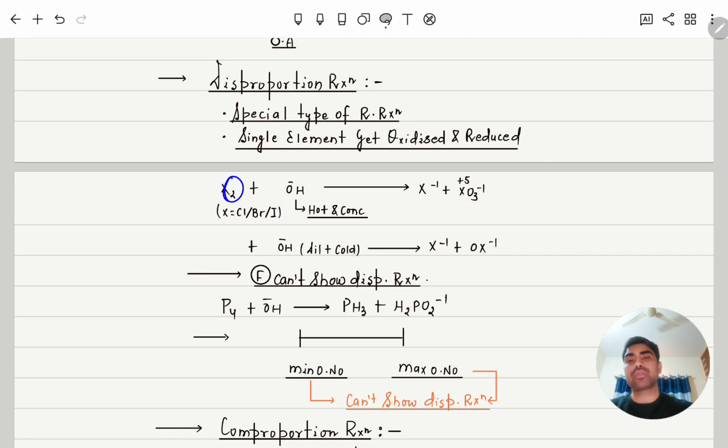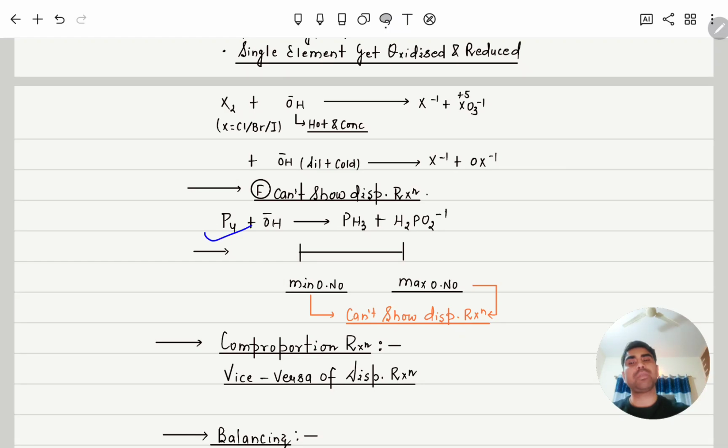So here you can see X2 is 0, that is chlorine, bromine, iodine, and in basic medium, hot and concentrated, it will go to -1 and +5 oxidation states. -1 means reduction happens, +5 means oxidation happens. And in basic medium, dilute and cold, it will go to -1, which means reduction, and +1, which means oxidation. Fluorine never shows disproportionation reaction.